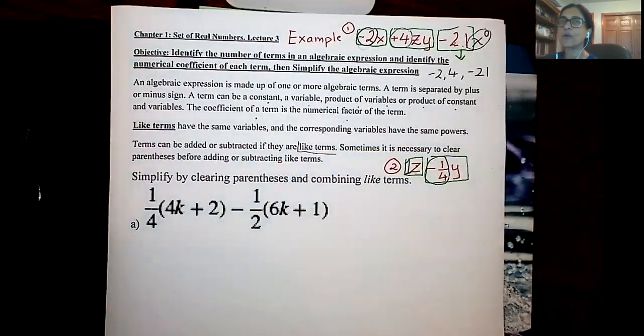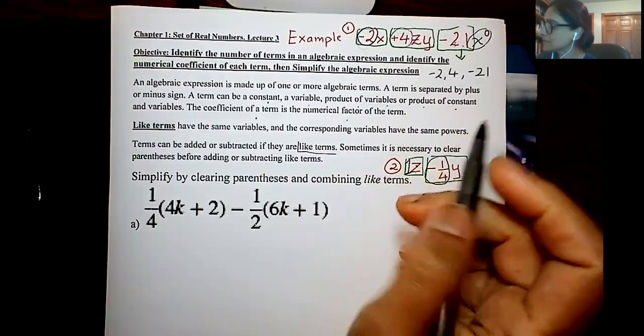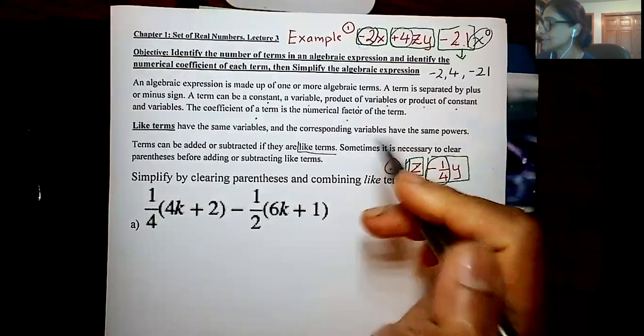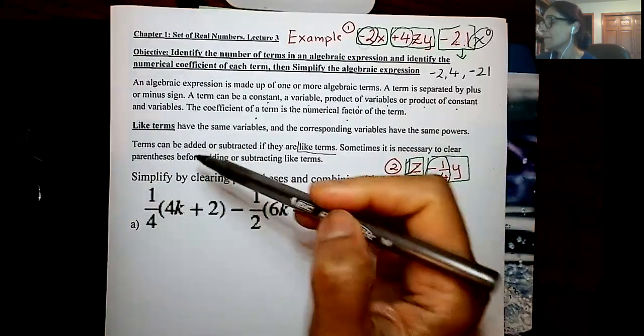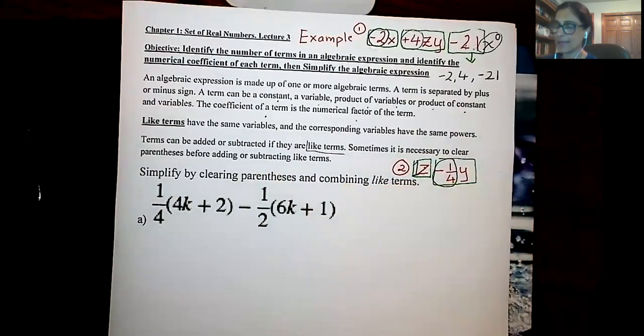The reason we are looking for like terms is just like if 2 numbers are together, we always add the numbers. Similarly, if you have like terms, when we are simplifying, we'll combine the like terms. Sometimes it is necessary to clear the parentheses before adding and subtracting like terms.